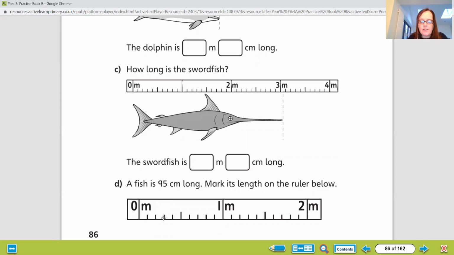So 10, 20, 30, 40, 50, 60, 70, 80, 90, and a metre is 100. So 95 comes just before that, doesn't it? It comes just before that halfway point, so it's about there. Okay, so that's what you would do, in between 90 and a metre.